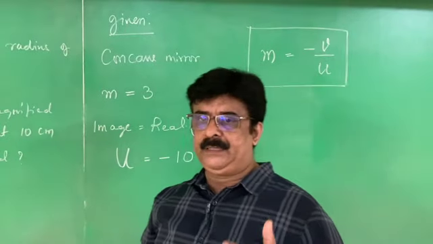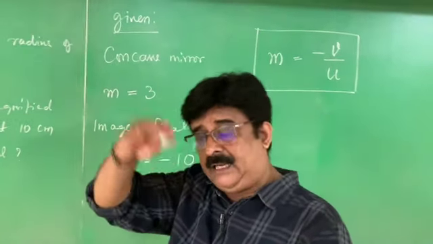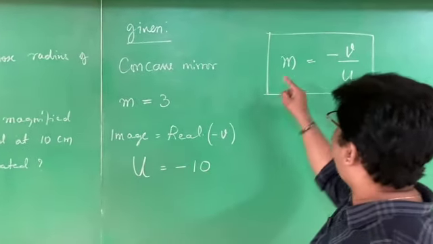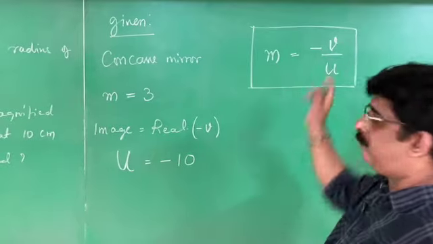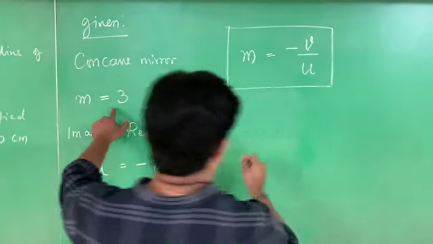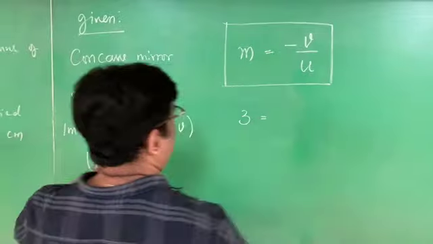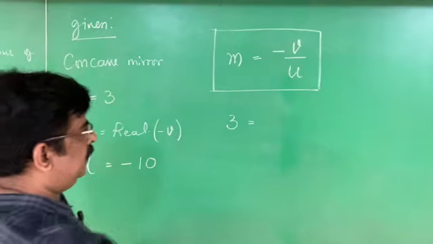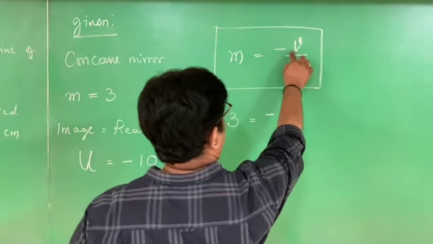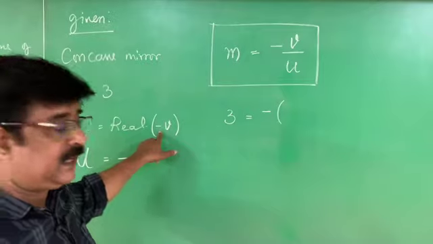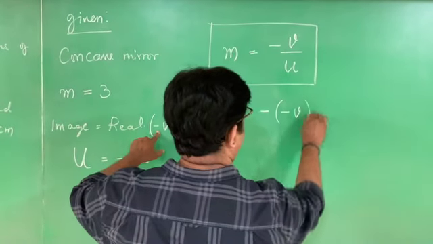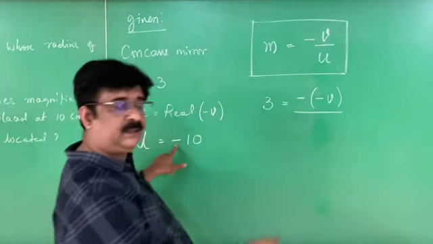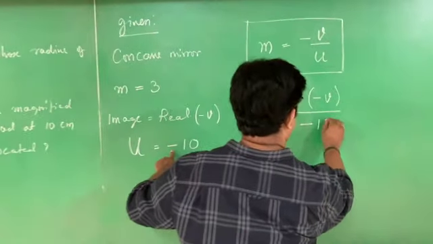One is M is equal to H dash by H, the heights of the image and object. Here the image distance and object distance are involved, therefore I am going to take M is equal to minus V by U. The value of M is equal to 3, minus V because the image is real, divided by U taken as minus 10.